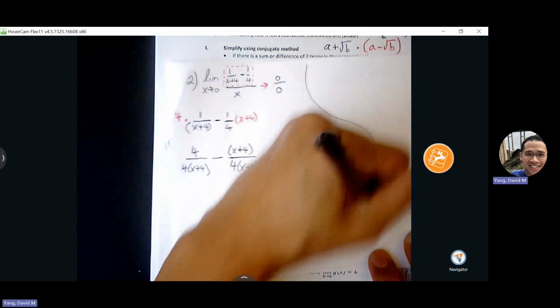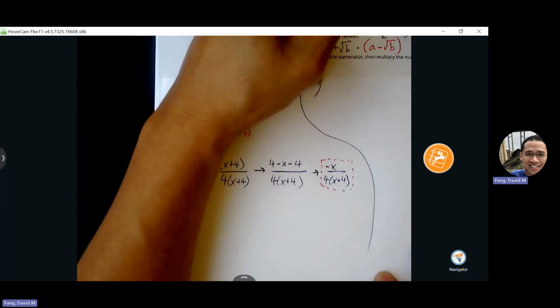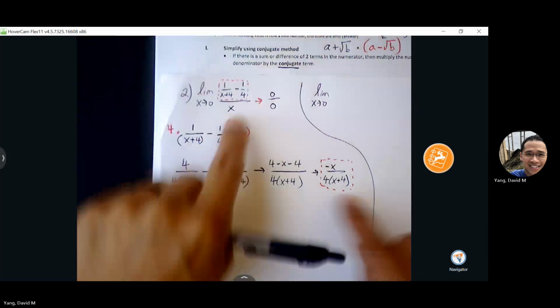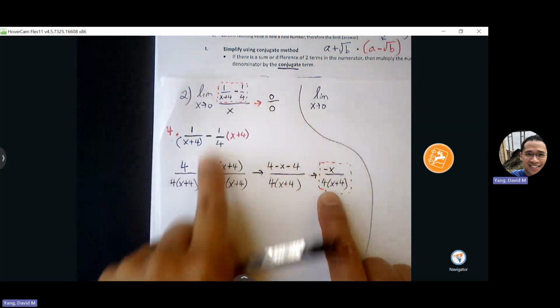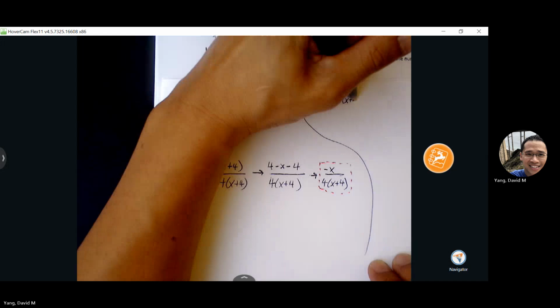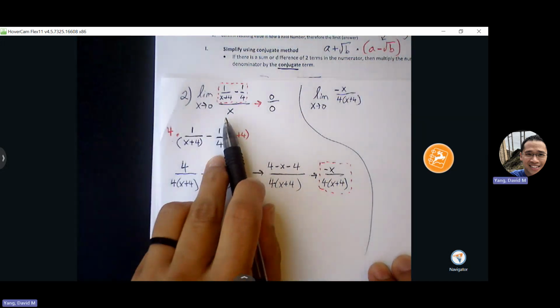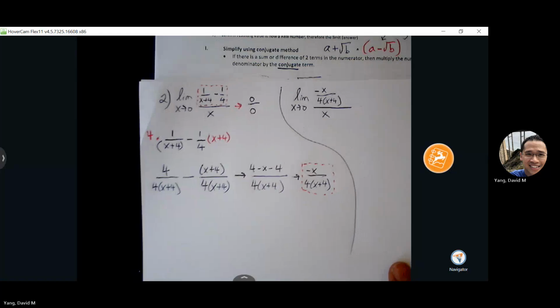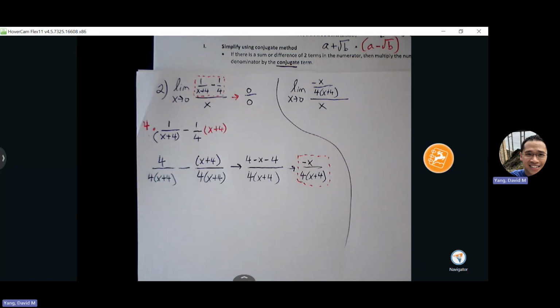So now I'm going to go back to the problem here and rewrite the problem. I'll replace this piece with this piece here, divided by x. Okay, good so far?